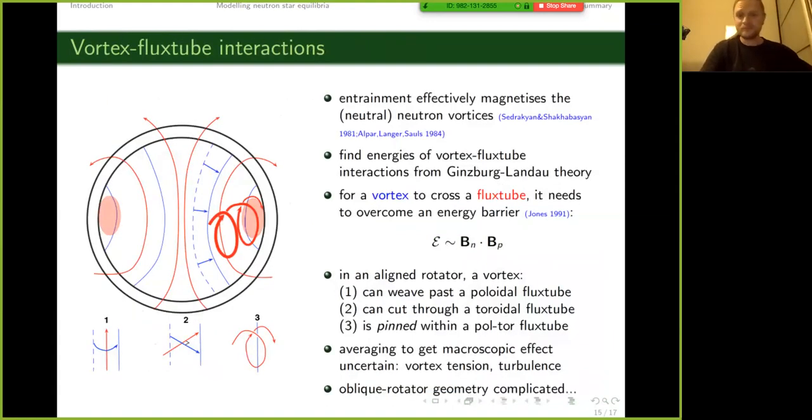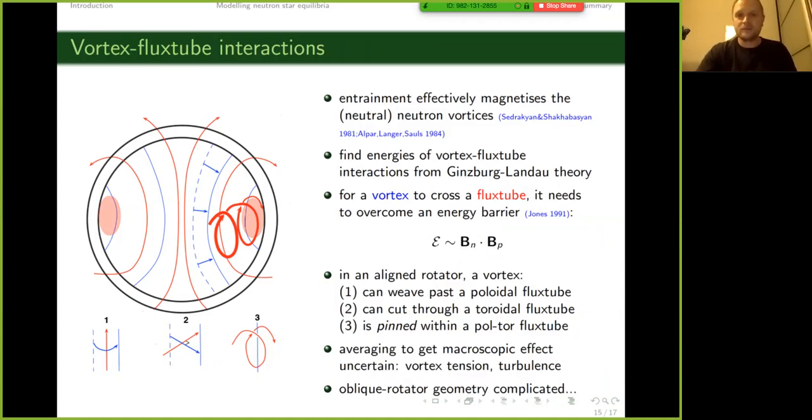So finally, at the very end of the talk, I get back to the thing which I've been promising all along, which is core pinning. So what is it? Entrainment effectively magnetizes the neutron vortices. Neutrons are neutral, they shouldn't have a magnetic field, but through entrainment, they have an effective B neutron.